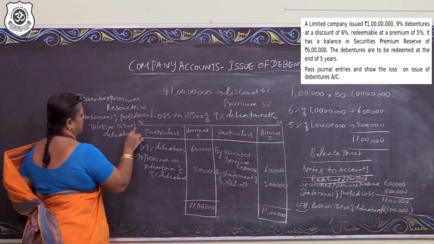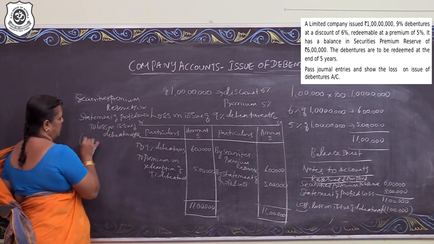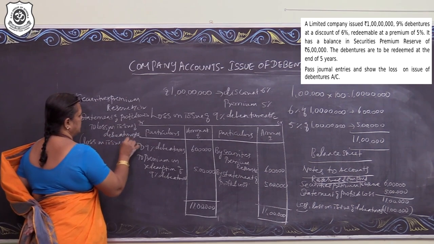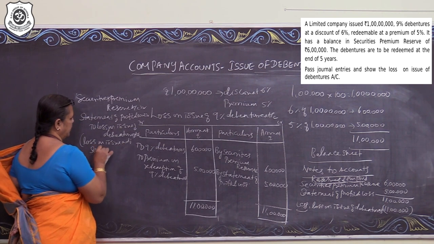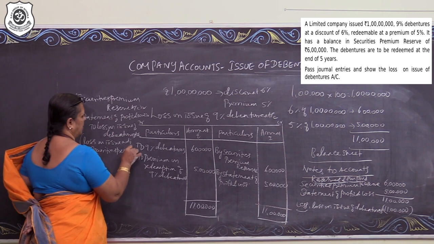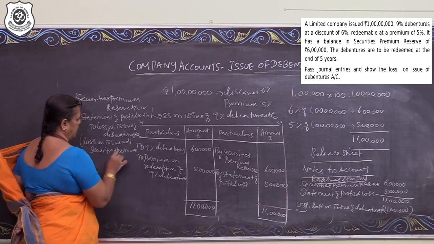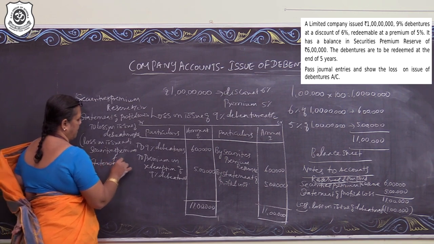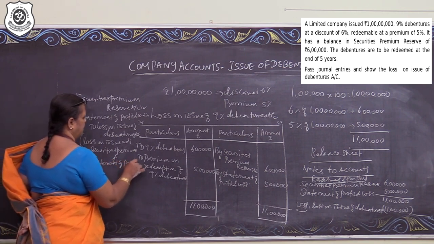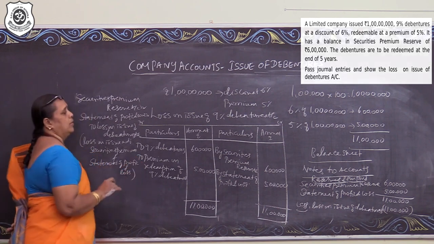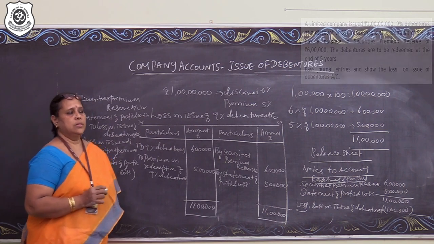That's all. Loss on issue adjusted to securities premium reserve and statement of profit and loss. So this is how it will be done.